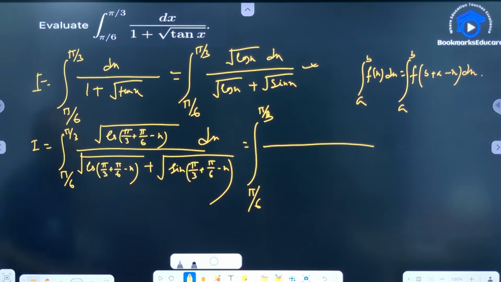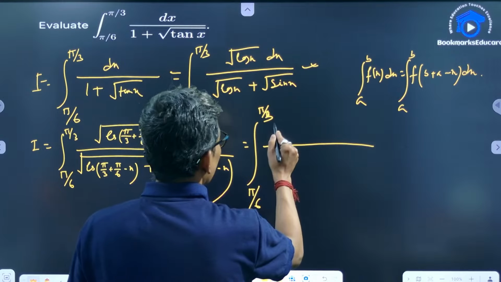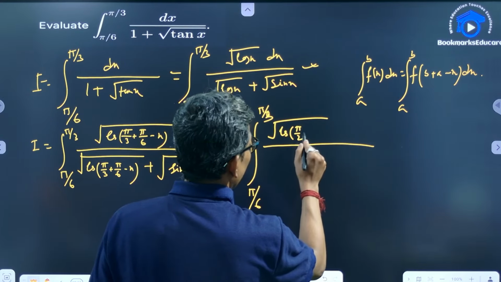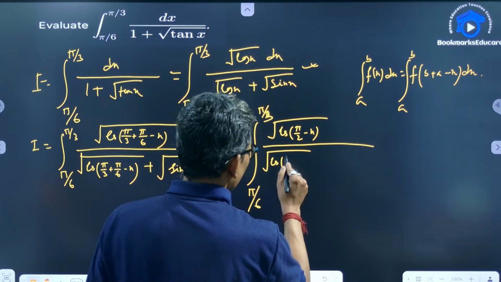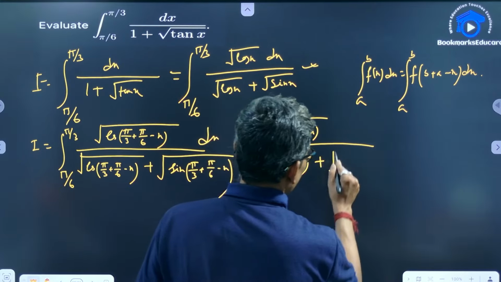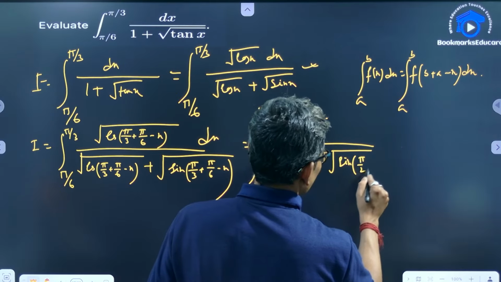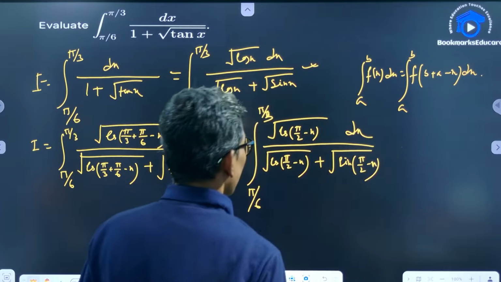Pi by 3 plus pi by 6 means pi by 2. So root over of cos of pi by 2 minus x by root over of cos of pi by 2 minus x plus root over of sine of pi by 2 minus x dx.